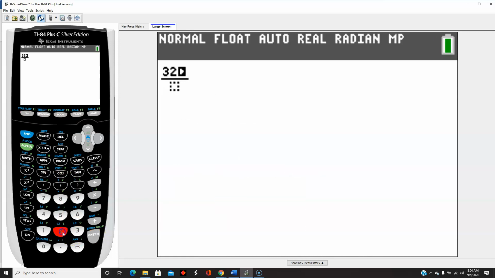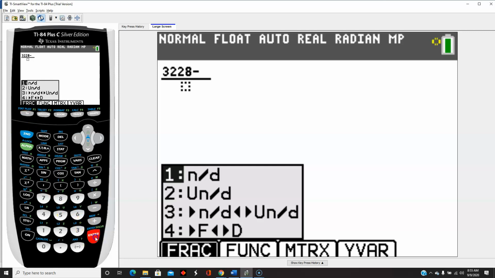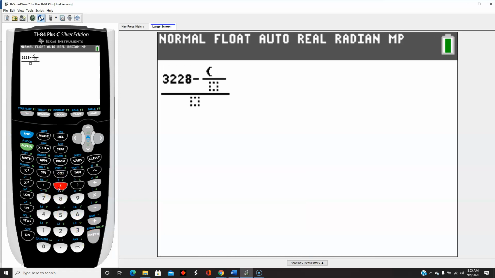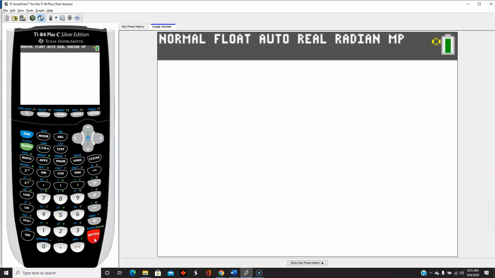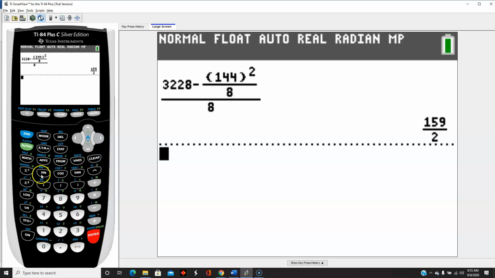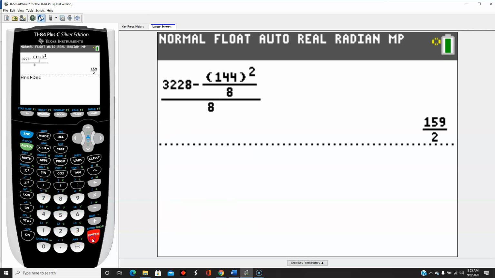If I do 3228, which is the sum of the x squareds, minus the sum of the x's, which is 144, squared, divided by n, and divided by n, that gives us that number, which I would really like to see as a decimal.